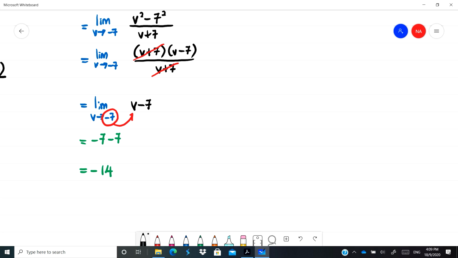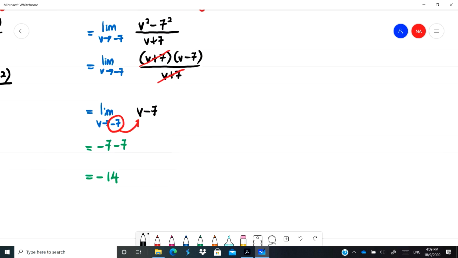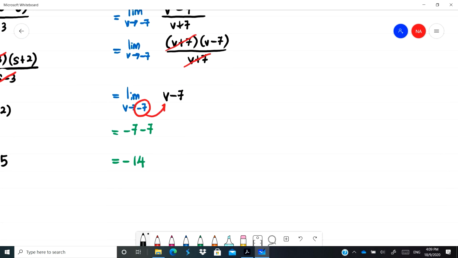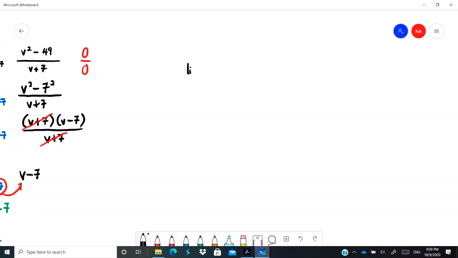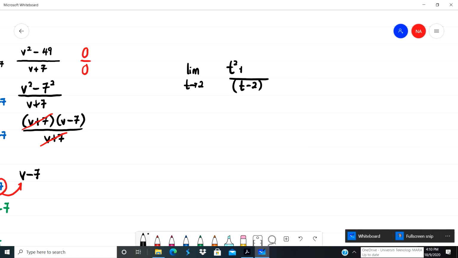But please be careful. Okay, I want to remind all students, right? So let's say we have this kind of limit as t approaching 2, where we have t minus 2 over, all right, t squared plus 5t plus 6, let's say like this.